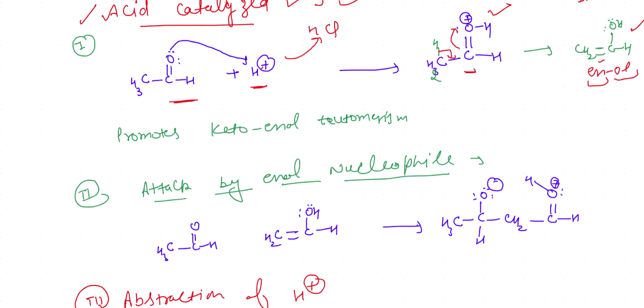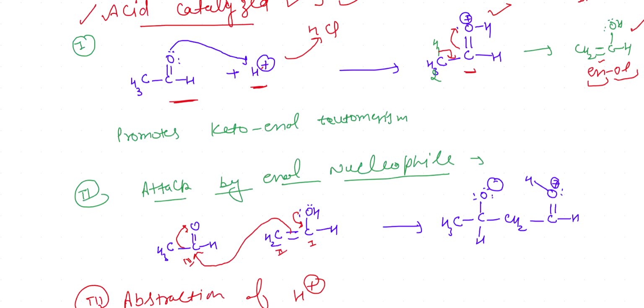So there is shift of electrons toward this carbon and this carbon will attack on carbonyl group and there is further electromeric shift. This is your carbon number 1, 2, 3 and 4.